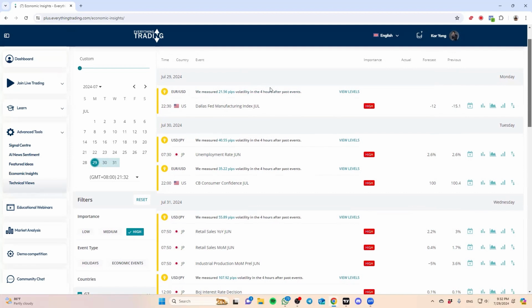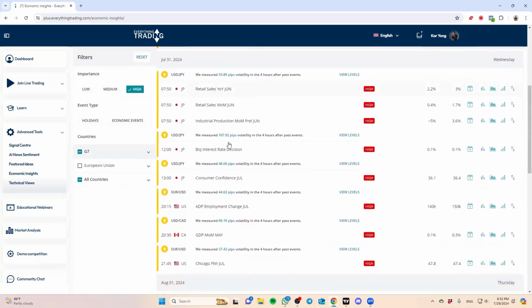Something that is a little bit unique is that historically, they give you some ideas in terms of how the event volatility is going to be. For example, if we look at the Bank of Japan rate statement, they give you an insight and say that we measured 108 pips volatility in the 4 hours after the past event.